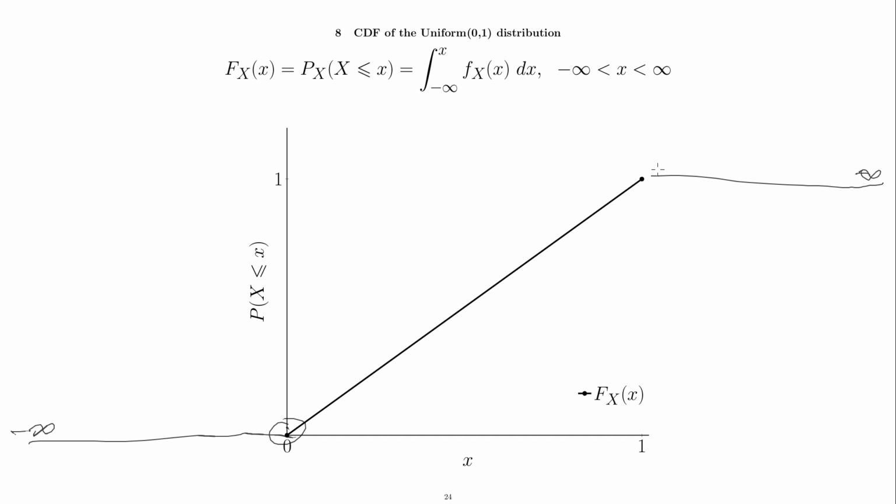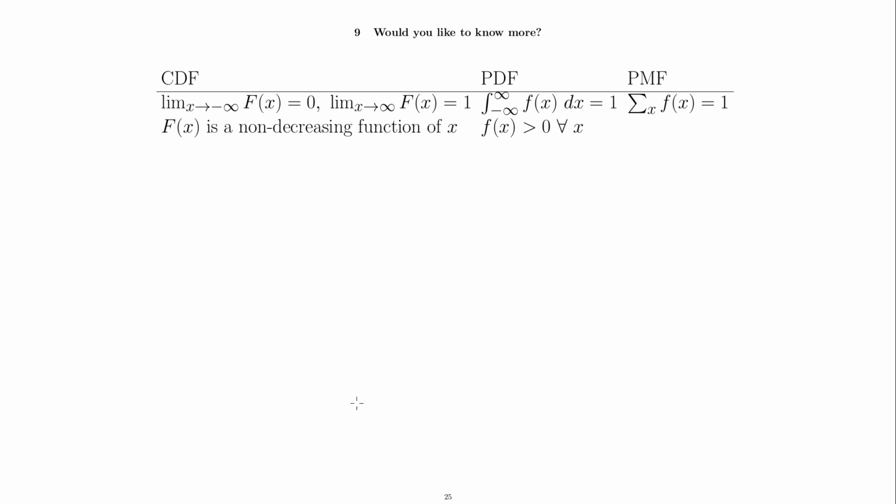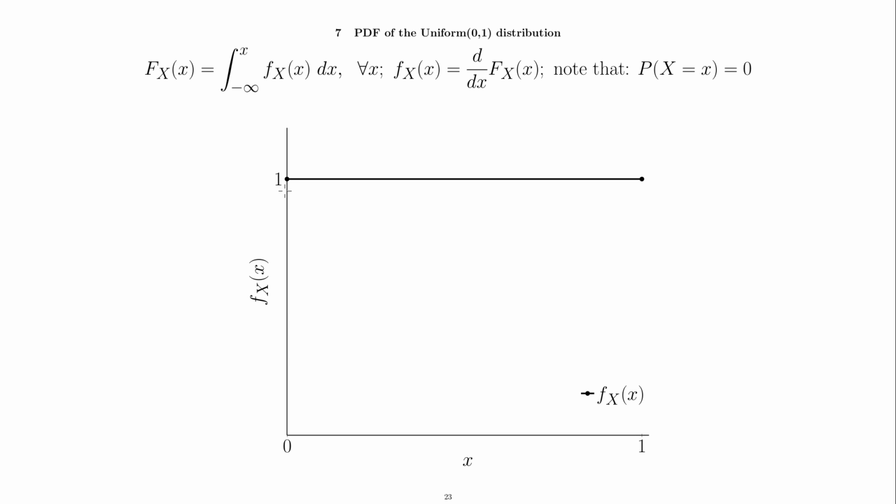And then over here at 1, the value 1 extends all the way out to infinity. So at infinity, this is equal to 1. So that satisfies that. And this is equivalent to the statement about the probability density function, which is that the integral from minus infinity to infinity of f of x dx is equal to 1, or for the PMF, that it sums to 1. This is a nice example because for the uniform, this integral is really easy to do.